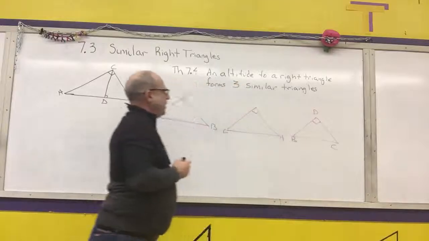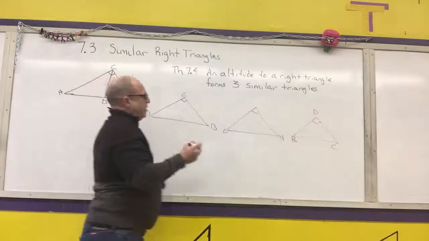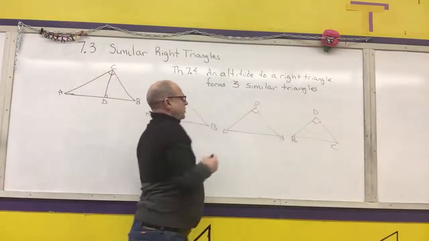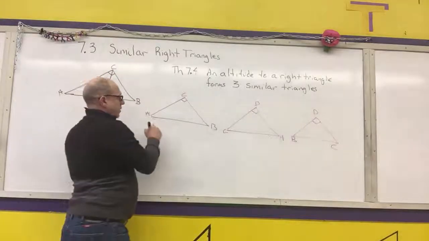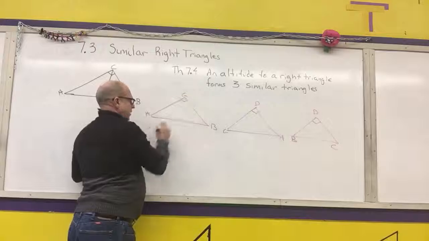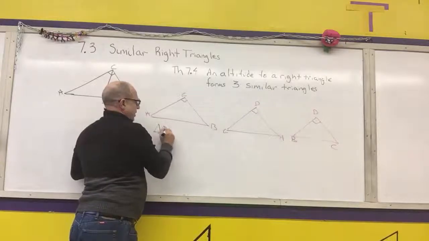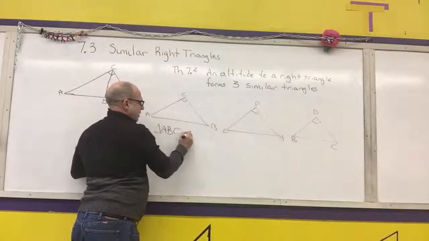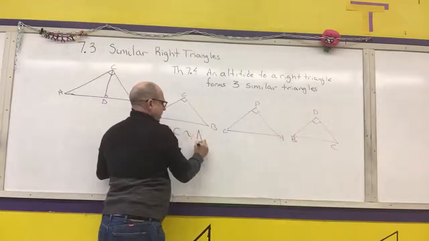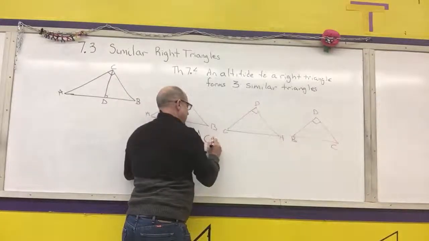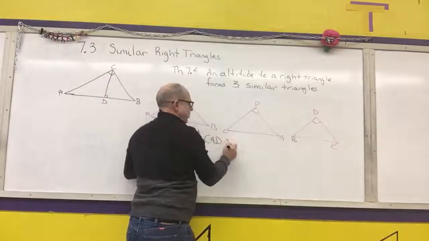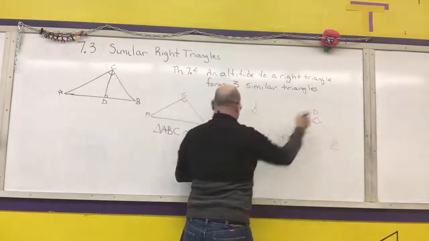So what it tells me is all three of these triangles are similar. Therefore, I'm going to go in this order, A, B, C. Triangle ABC is similar to triangle, in the same order, CAD, which is similar to triangle BCD.